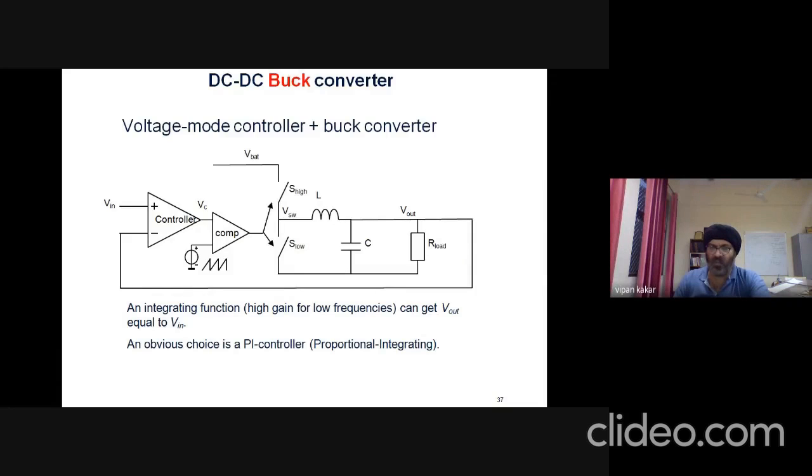A new voltage at the output of the comparator is received, which helps to switch on and off these two devices differently. It can change depending upon the control voltage. What will change? The pulse width, turn on and turn off time. We can see from here.